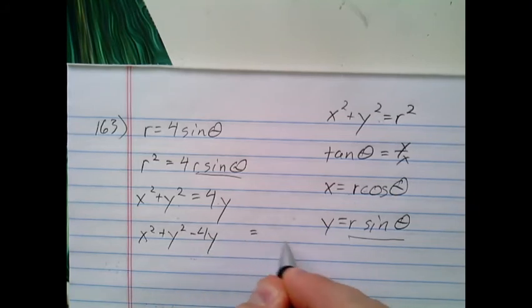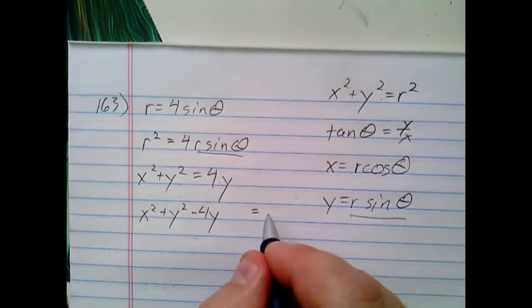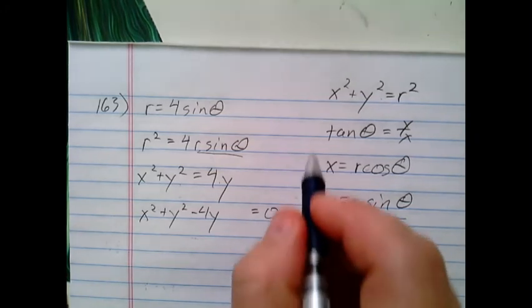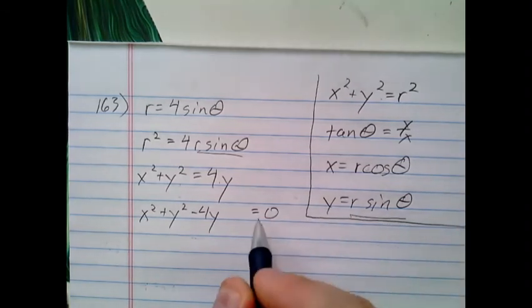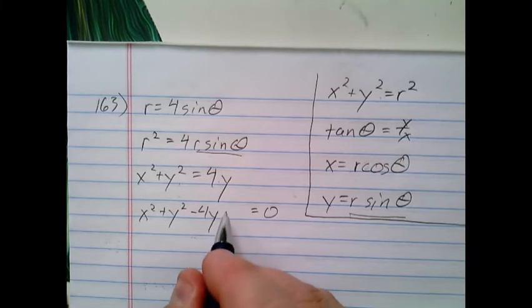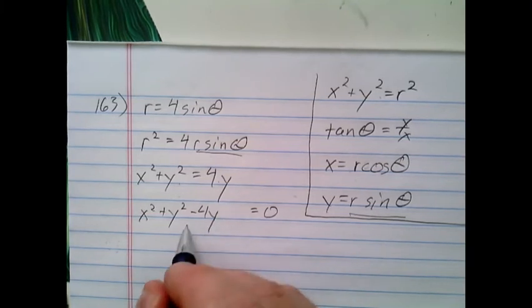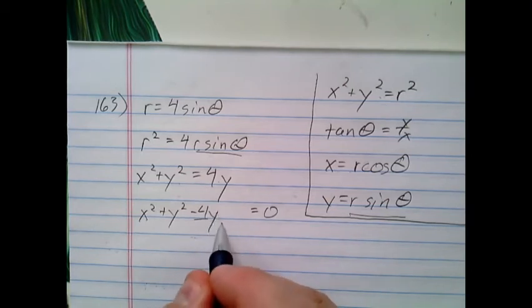I'm going to leave a little space. Now there would be a 0 here, but I'm going to use a little algebraic trick called completing the square. To complete the square, I'm going to take the coefficient of the degree 1 term.